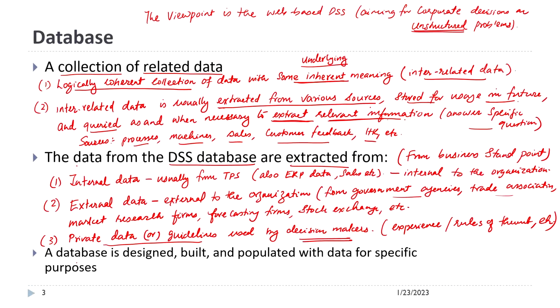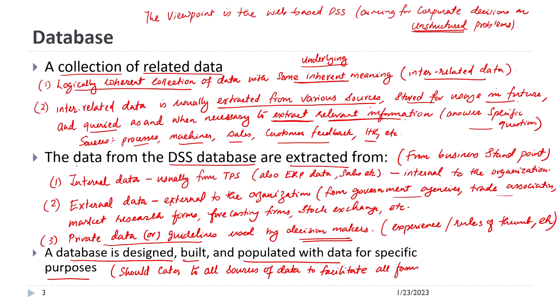With this info, what is a database? For us, a database is designed, built and populated with data for specific purposes, should cater to all sources of data, to facilitate all forms of decision making.